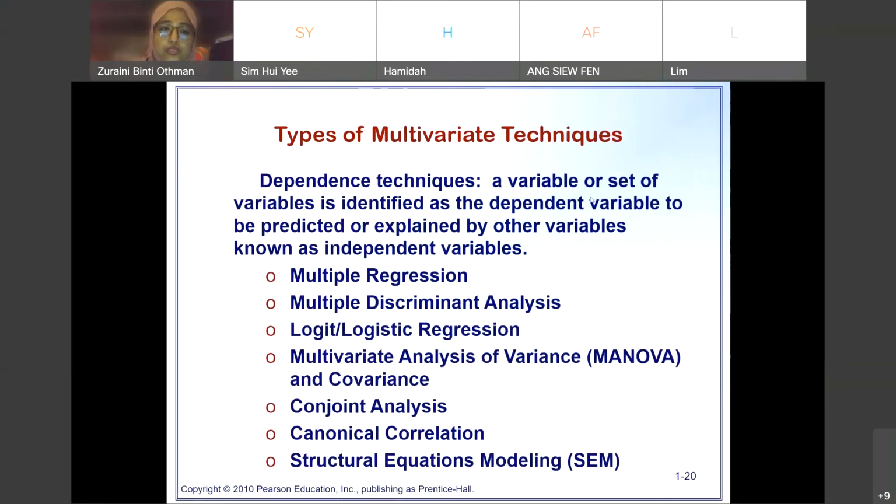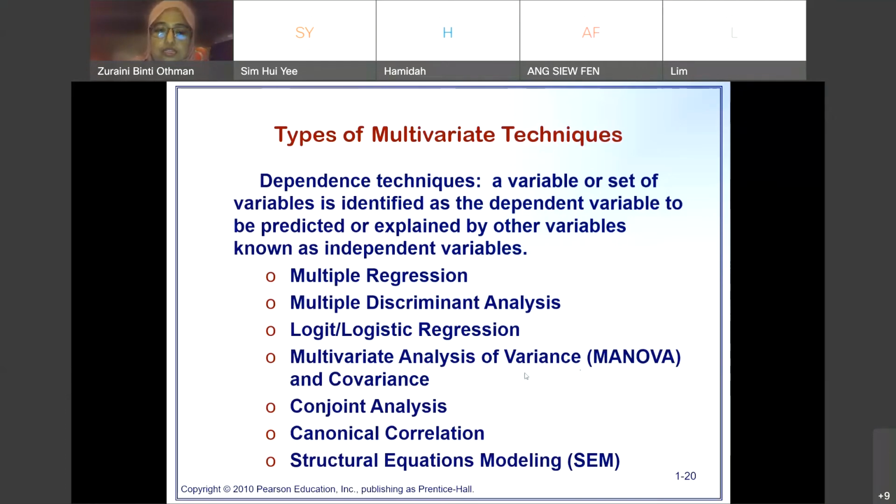A variable or set of variables is identified as the dependent variable to be predicted or explained by other variables known as independent variables. These techniques fall into dependence techniques: multiple regression, multiple discriminant analysis, logistic regression, multivariate analysis of variance. After this I will teach you analysis of variance, then we will cover a bit about multivariate analysis of variance.